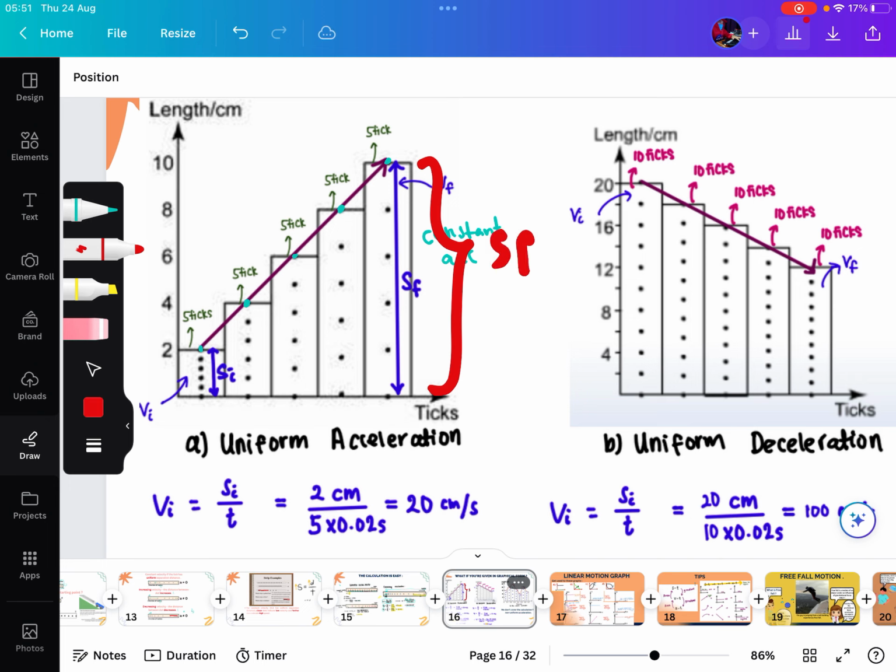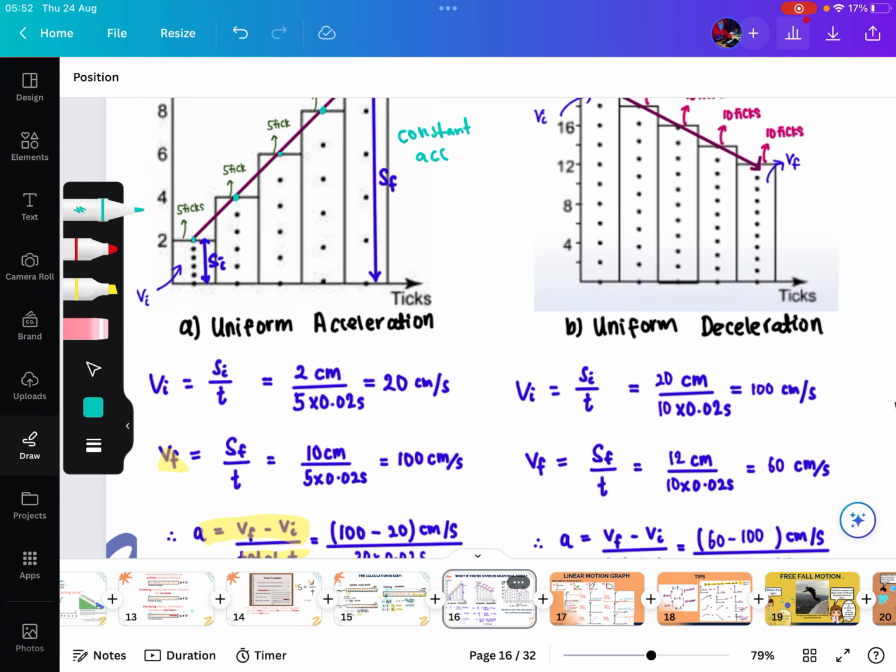This is SF, so you are reading this graph from left to right, not the other way around, right? The initial strip, or the initial ticker tape, is this part. So you are considering that part only. Then you just calculate.